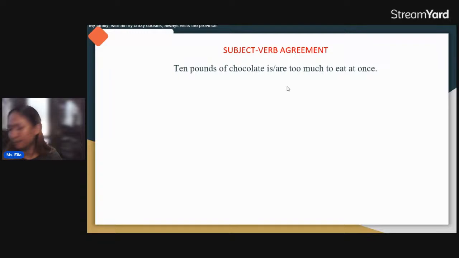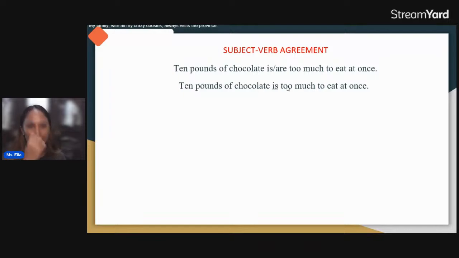Okay, so the correct answer here is is. 10 pounds of chocolate is too much to eat at once.